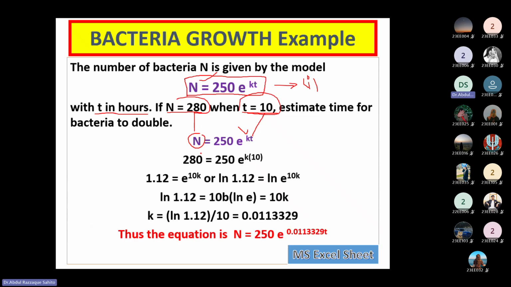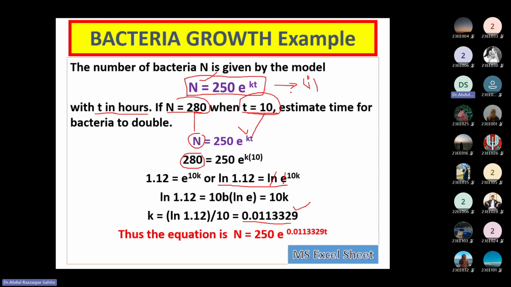Here we have put the value of N as 280 and t as 10. After taking the natural log on both sides, the exponential and log cancel. Finally we get the value for k as 0.0113329.